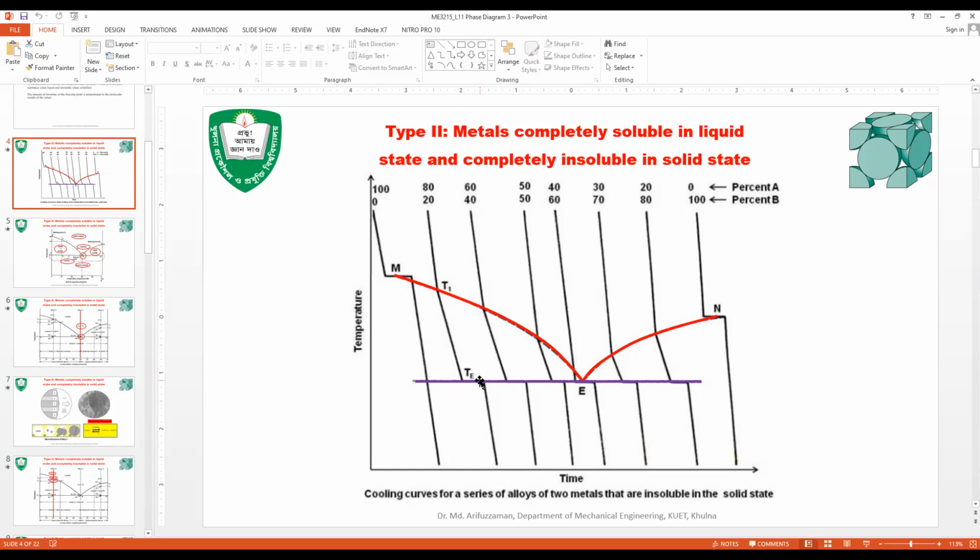That is because at temperature TE, the composition of the liquid will be the eutectic composition, and because of that, the eutectic reaction takes place, which is an isothermal reaction, and that is why the temperature remains constant at this point. Okay. Yes, sir.